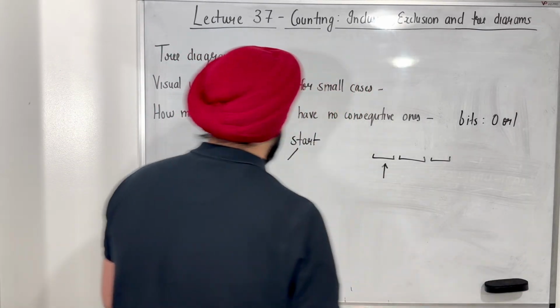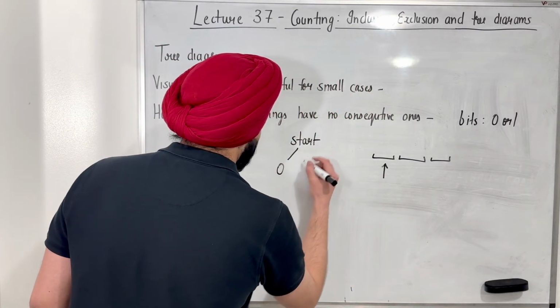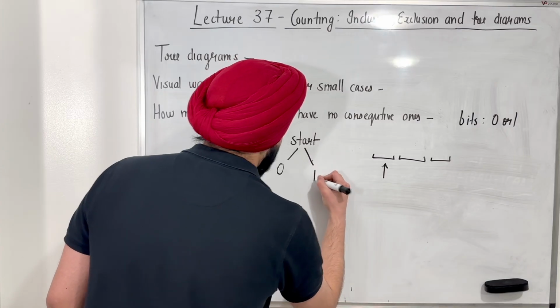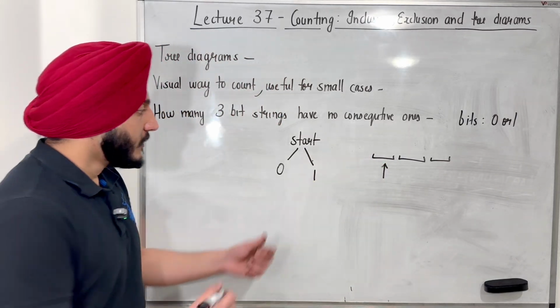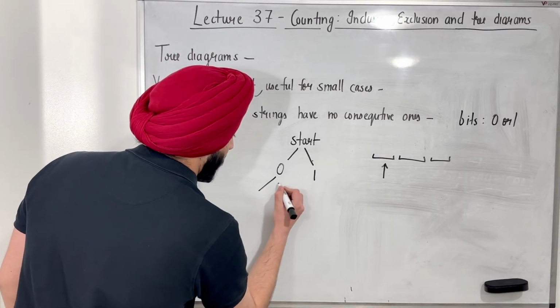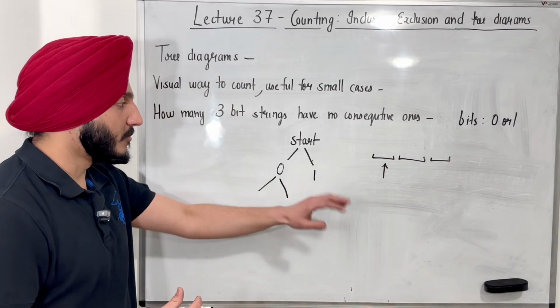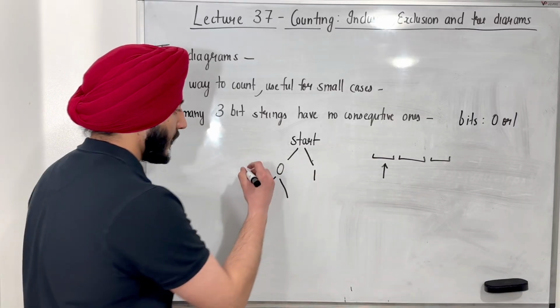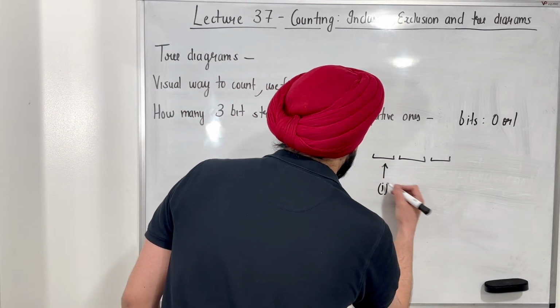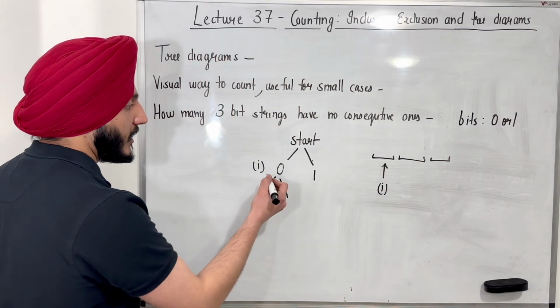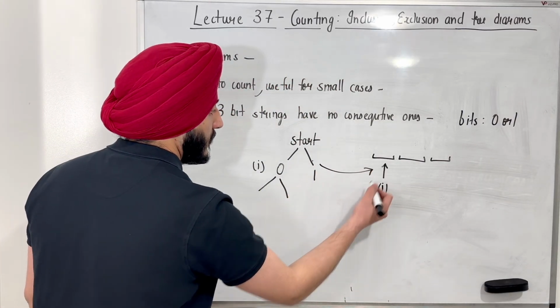In the start position, you can choose any of the two values. You can either choose 1 or you can choose 0. Now let's move on to the second step, right? For the first step, I'm just going to mark it 0 and then 1.